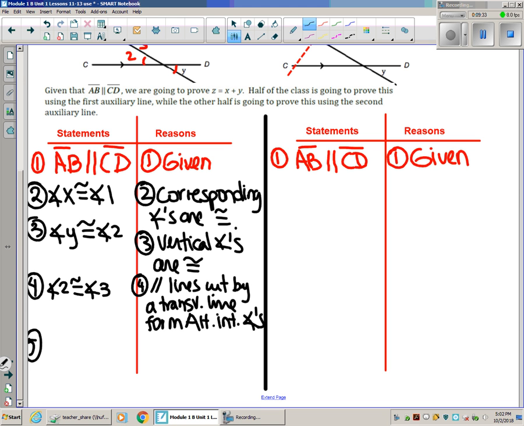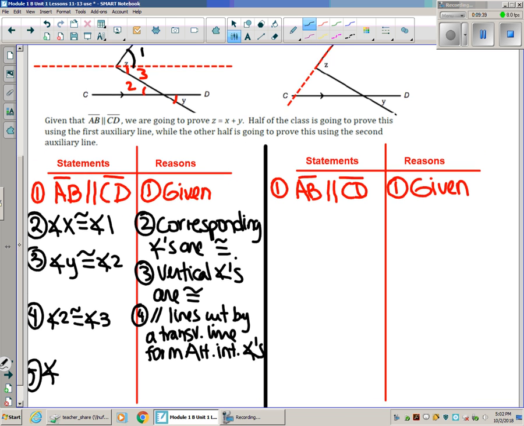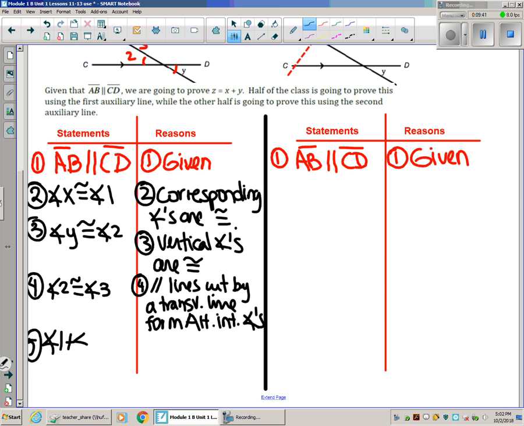If I add angle 1 and angle 3, it is in fact equal to angle z. Right? So that is the additive property of angles, you could say.